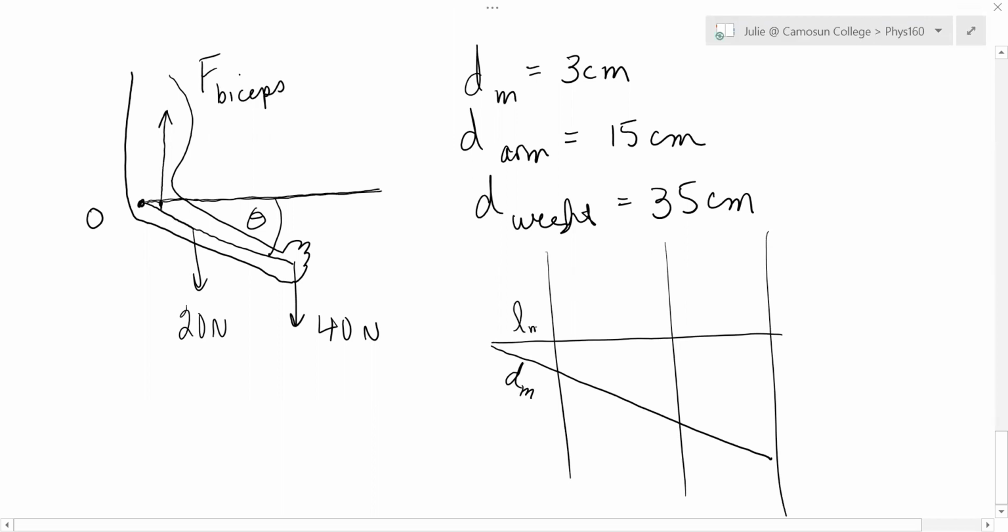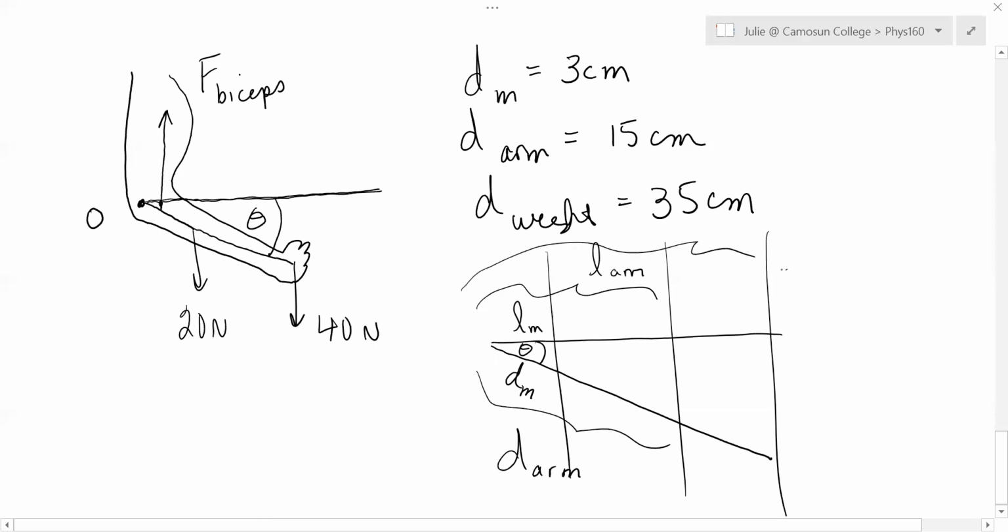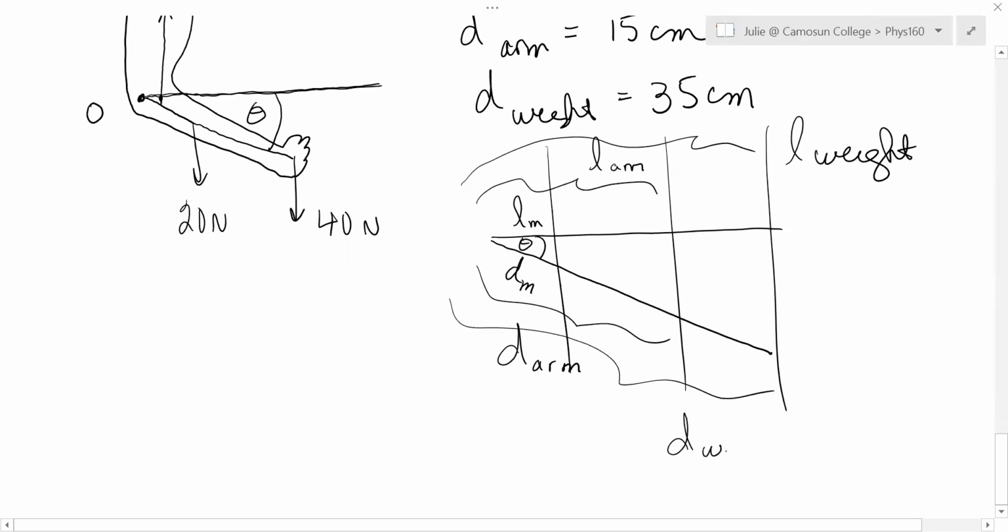L is the perpendicular distance. And all the triangles are the same. So if you go this one, this would be L for the arm, and this would be D for the arm. And then out to here is L for the weight. And then along the hypotenuse is D for the weight. And they're all the same triangle.